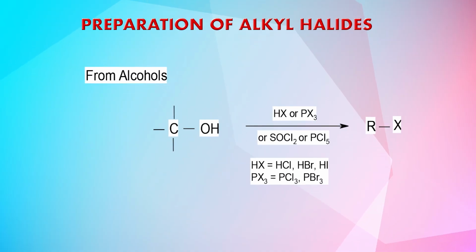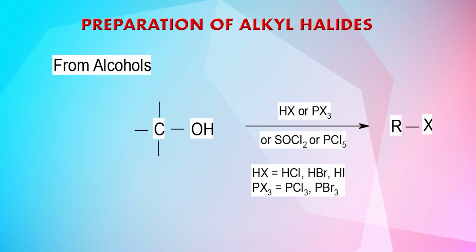As you can see on your screens, alcohols on reaction with halogen acids like HCl, HF, HBr, or with halides like thionyl chloride or phosphorus chlorides like phosphorus trichloride or phosphorus pentachloride result in the formation of alkyl halides.